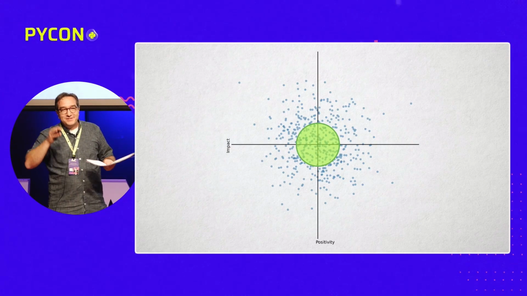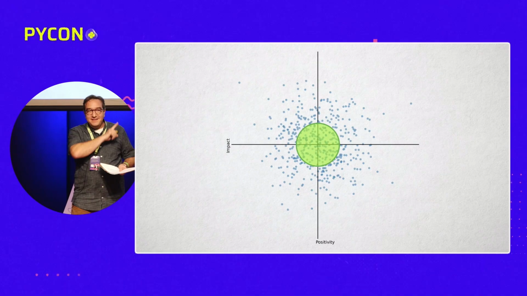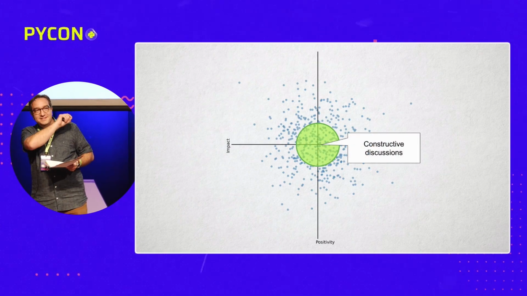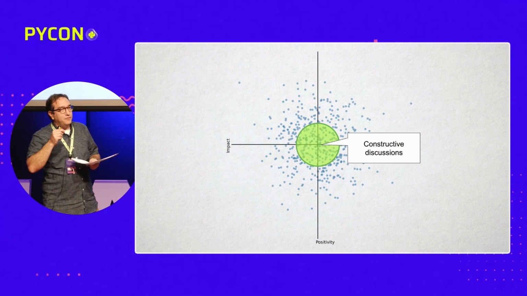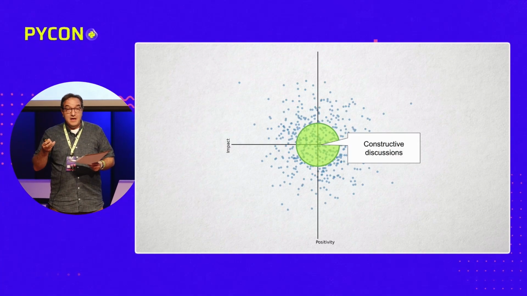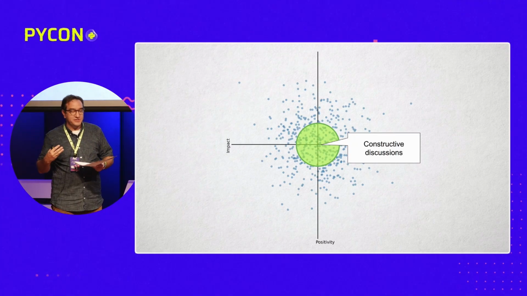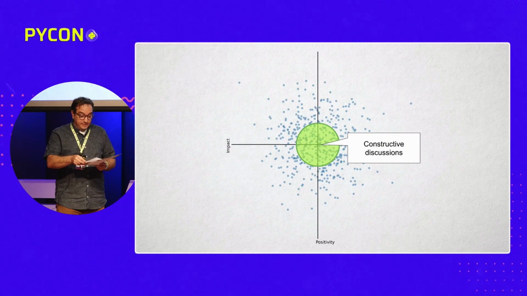So all of those things are kind of extreme polarizing opinions, but it's in this middle circle where I think we can have constructive discussions. This is the interesting part. This is how you can actually move the field forward, right? And if we want to make them better and we want them to work for us as open source software developers, this is where we need to be thinking.